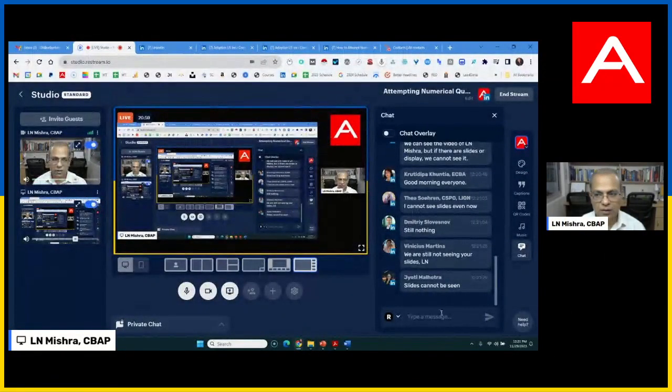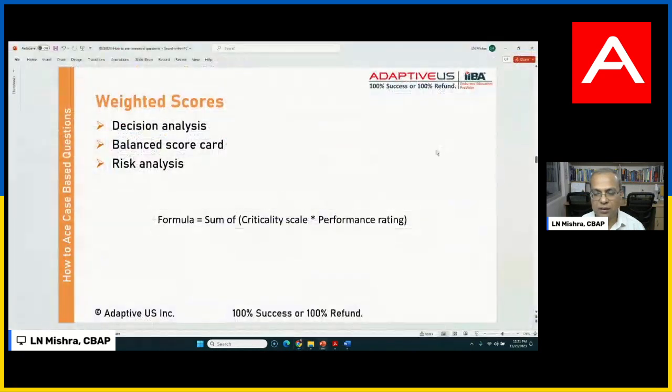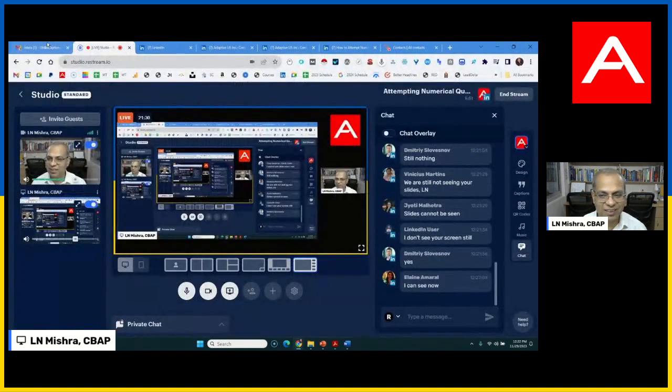Still don't see my screen. Oh, okay. Sorry, sorry. Now I think you should be able to see. Are you folks able to see my desktop screen now? I'm so sorry. I think maybe I did not enable that display. Okay. Let me ping my other colleague who reported that she can't see my screen.